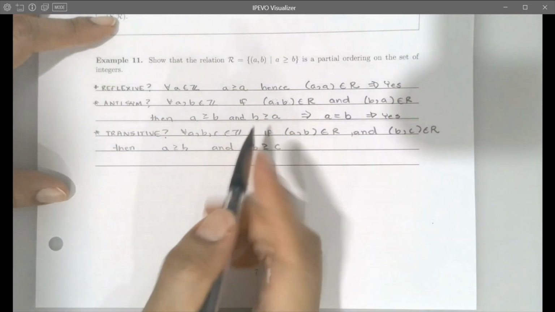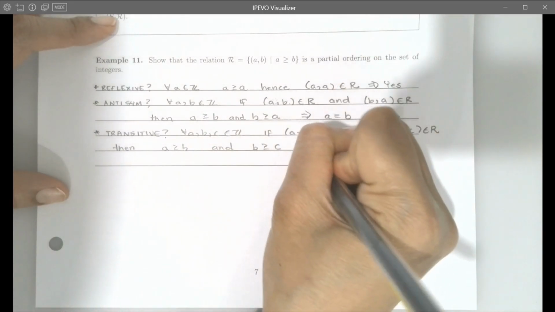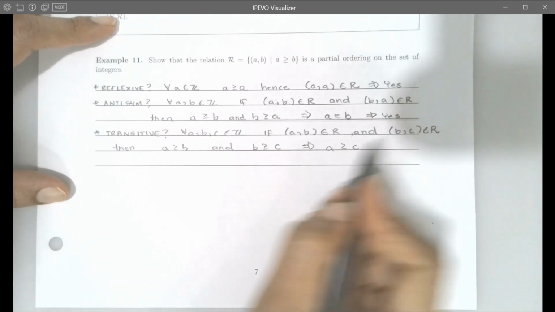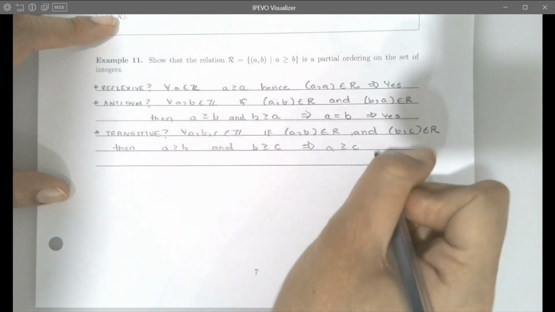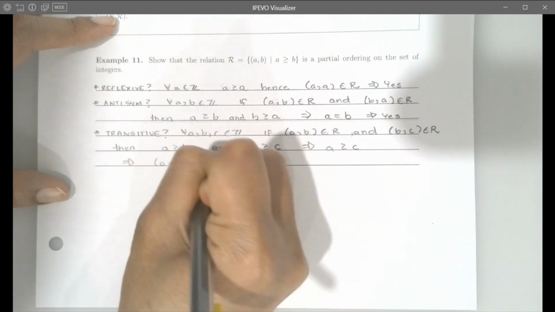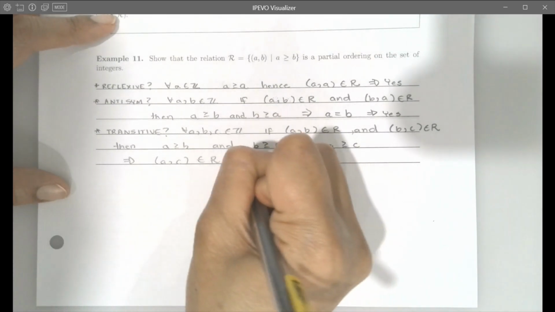So now, if a is greater than or equal to b and b is greater than or equal to c, that means that a has to be greater than or equal to c. And if it satisfies that condition, then that's enough for the ordered pair (a, c) to be part of the relation. So that means that it is transitive.